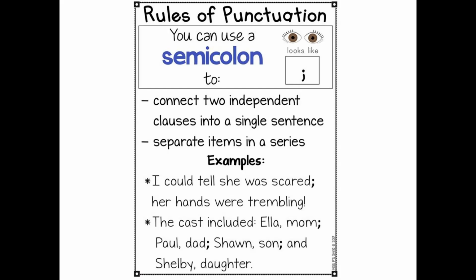Okay, and what about the second one? The second one is to separate items in a series. Okay, so can you guess who is Elmer, who is Thor, and who is Sean and Shelby? I think Elmer is mom, Thor is dad, Sean is the son, and Shelby is the daughter.